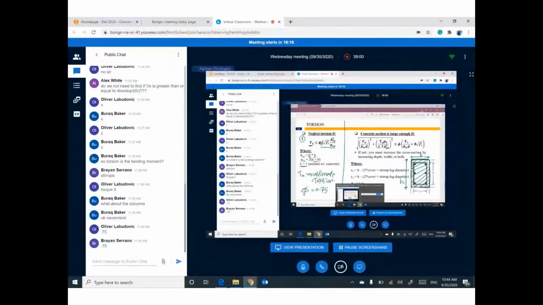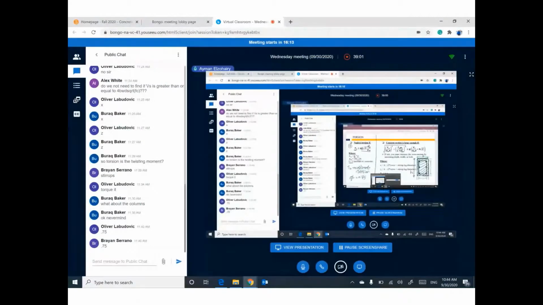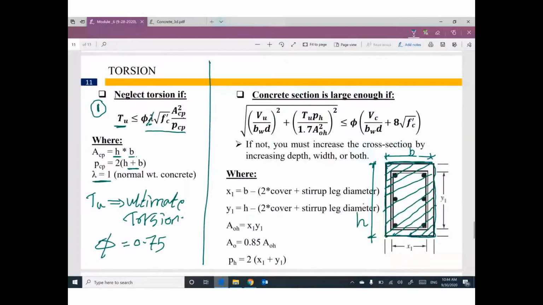Thank you, guys. Second step, we need to check. Probably your cross section as a concrete is not enough. We need to make sure your cross section is large enough, because the concrete will contribute to this resistance. So we have an expression here.